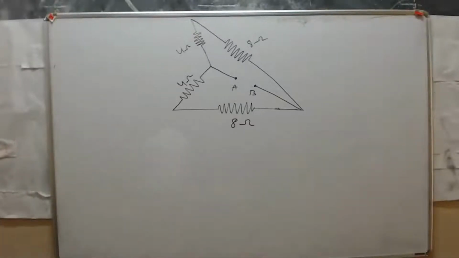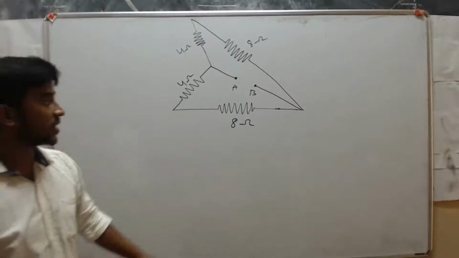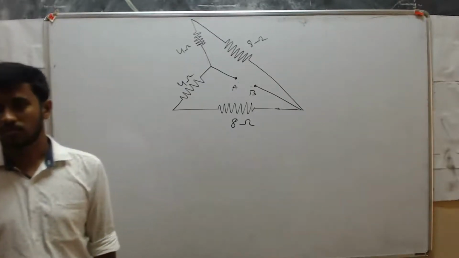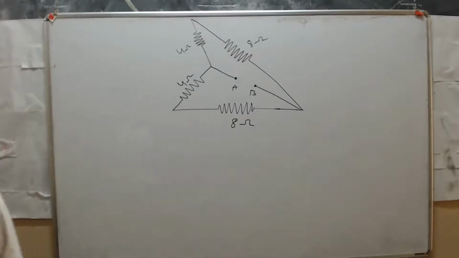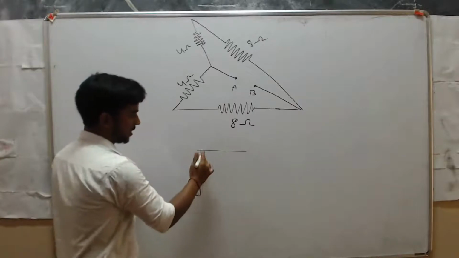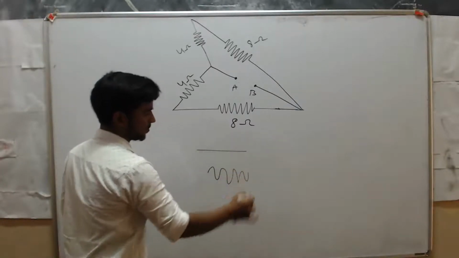First see where the two resistors are in series and where the two resistors are in parallel. Okay, just try to redraw the circuit. How we can redraw this completed circuit? Okay, you know, just imagine this is a straight line. Okay, so now we can do this line like this.